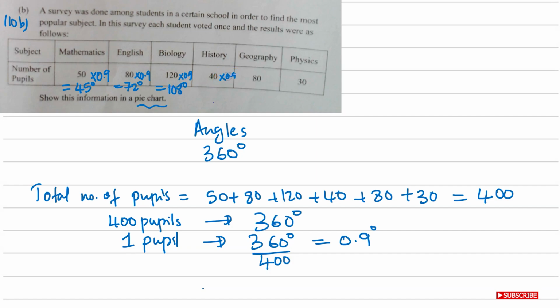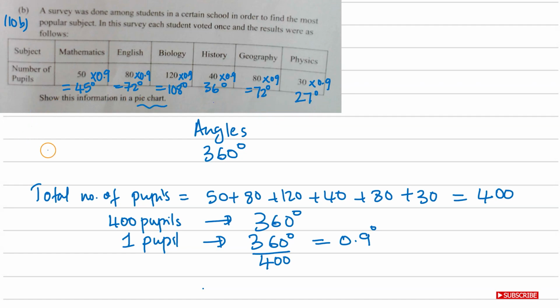Times 0.9, and this will give you 36 degrees. Again, 80 times 0.9 gives you 72 degrees, and 30 times 0.9 gives you 27 degrees. So you should check that in total, all these angles give you 360 degrees.